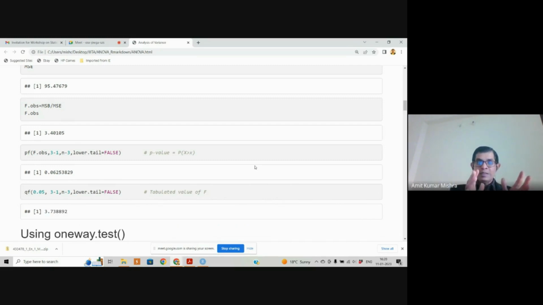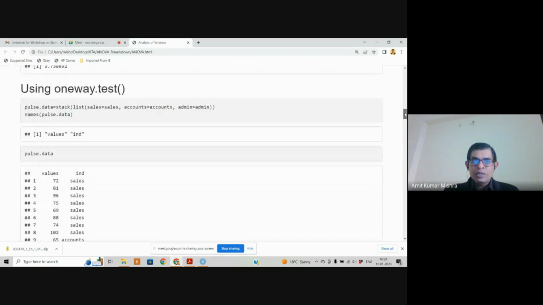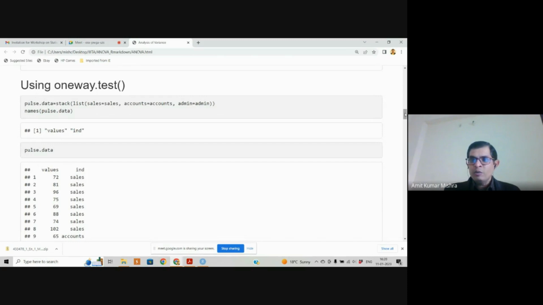These are the R commands if you want to perform one-way analysis of variance without using any package or inbuilt formula. I have just written everything here. But of course, there are packages and formulas by which you can perform this directly. So for that, we are going to do this.